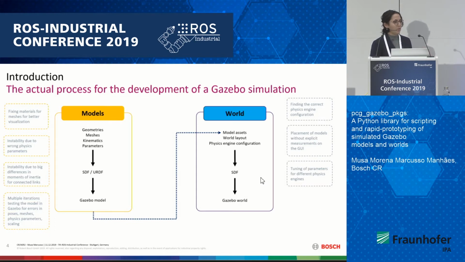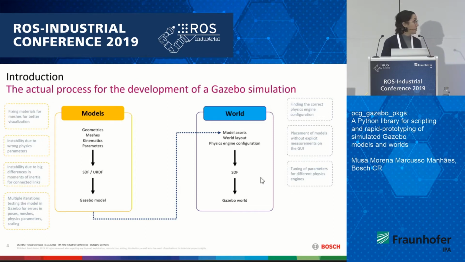in a format that you can open in Gazebo. Sometimes you also have problems with materials, for example a Blender format where the normals are flipped, so you cannot see anything in Gazebo because the normals should be the other way. Sometimes you have wrong physics parameters because you might not know everything about your environment.